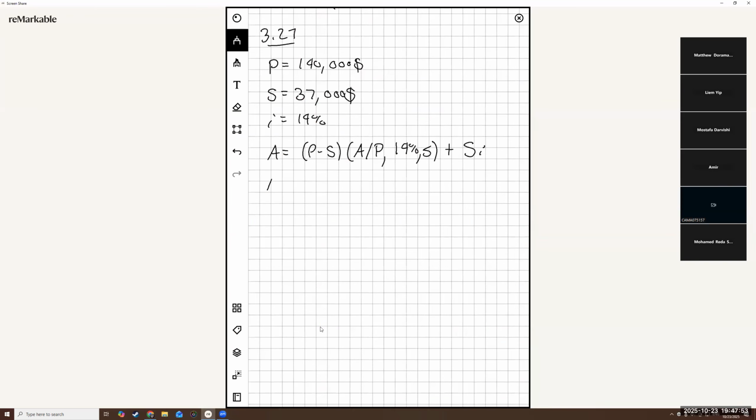Okay, let's plug in what we have. So we're looking for A. This will be 140,000 minus 37,000, A slash P, 14% for 5 periods, plus 37,000 multiplied by 0.14, which is the interest rate.